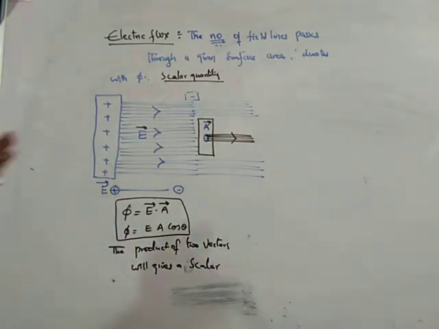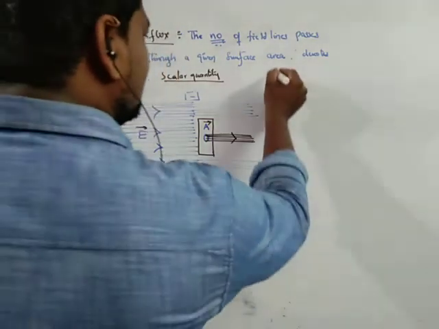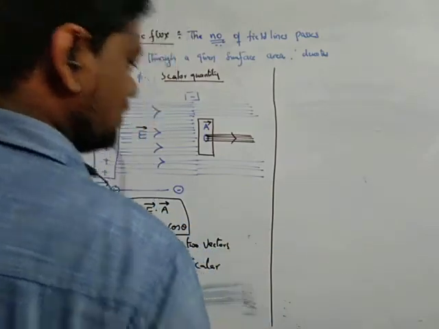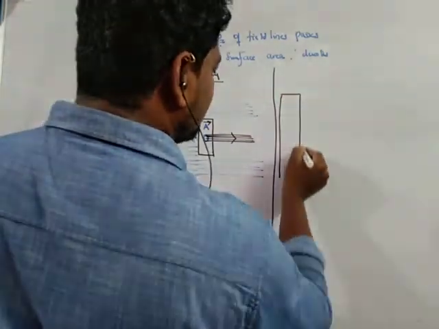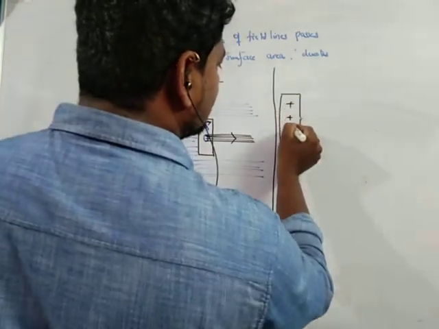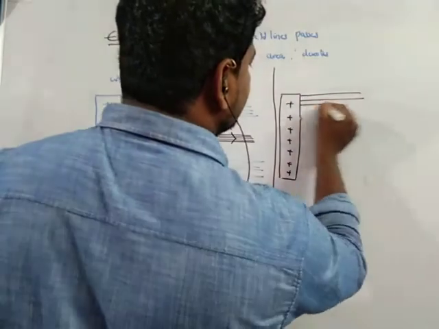Suppose you consider a second example, the same source charge with positive strength, radiating some field lines.